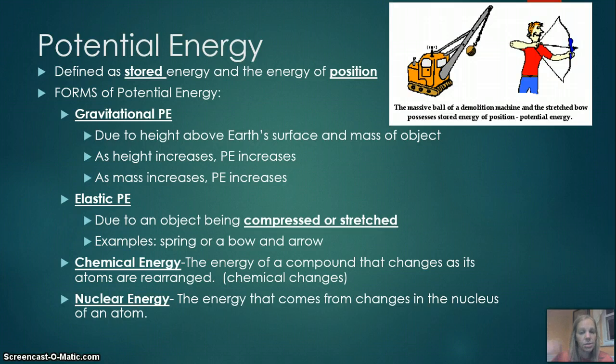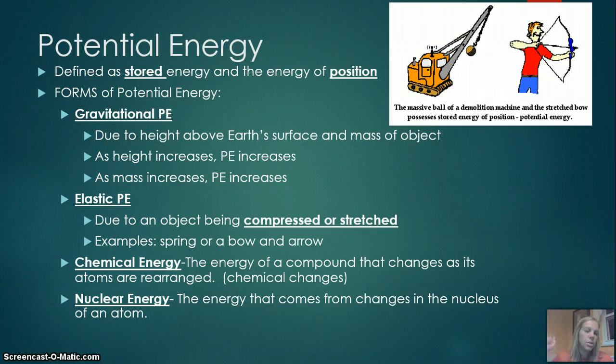As mass increases, so does the potential energy. So if you have two slides right next to each other, and you have a 2-year-old and a 12-year-old both climbing up the ladder to the same height, the 12-year-old is going to have a lot more potential energy because the mass is significantly more than the 2-year-old.